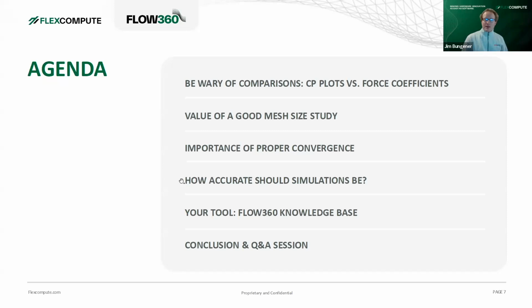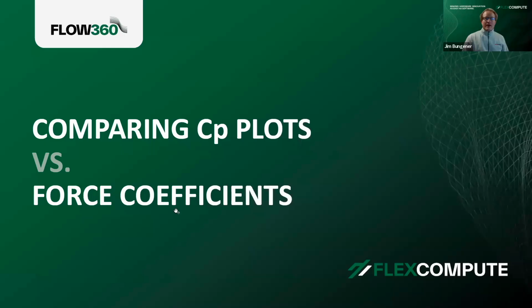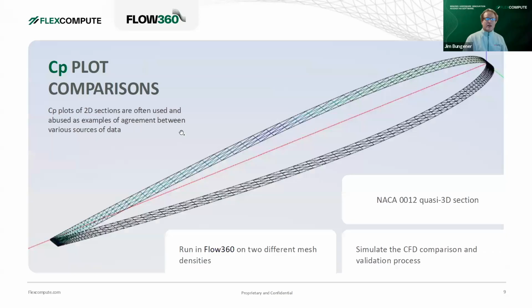And then I'm going to try to give my 2 cents to that age-old question of how accurate simulations should be. And then I'm going to finish with a little reminder of the resources we have available to help you get answers to your questions, conclusions, and then the Q&A. So with that, let's start comparing CP plots versus force coefficients.